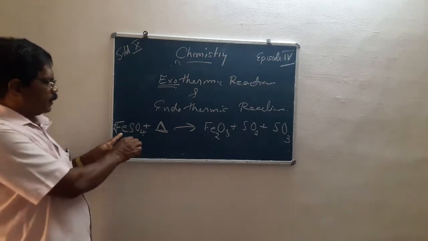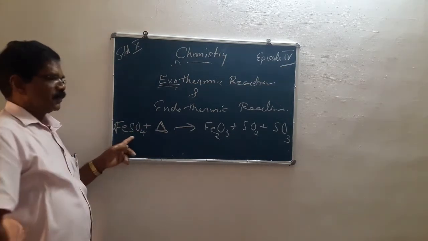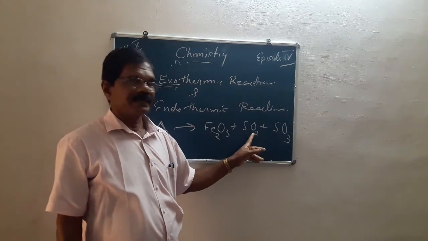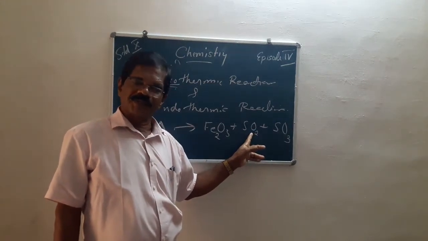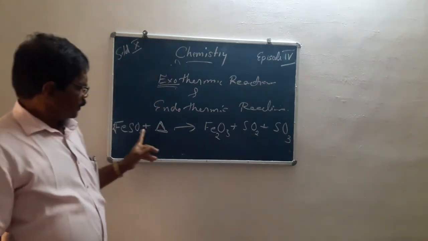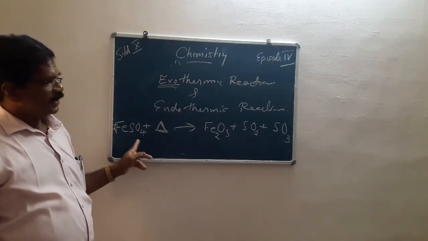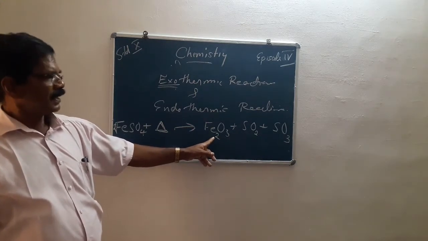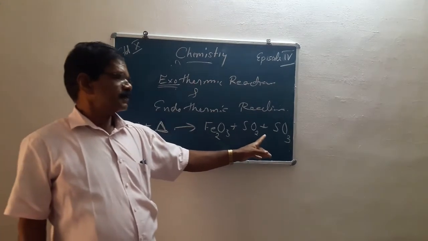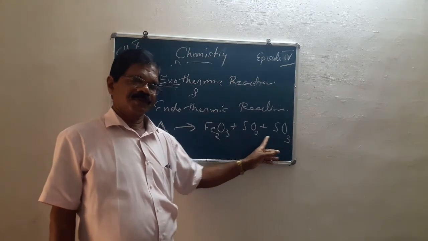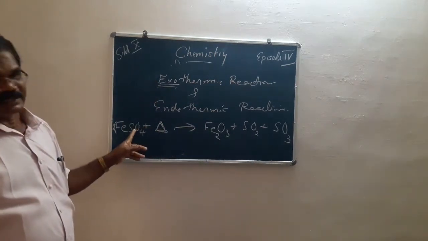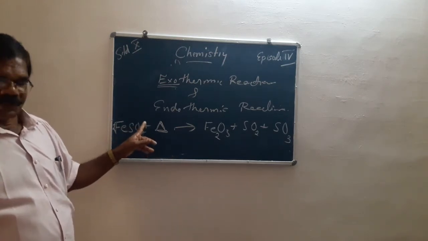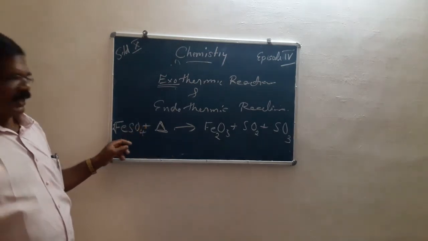The green color of the ferrous sulfate turns to black, and at the same time a smell of sulfur is produced in the room. Green ferrous sulfate turns to black ferric oxide. So, this is also a thermal decomposition. The reaction brought about by absorbed heat is known as thermal decomposition.